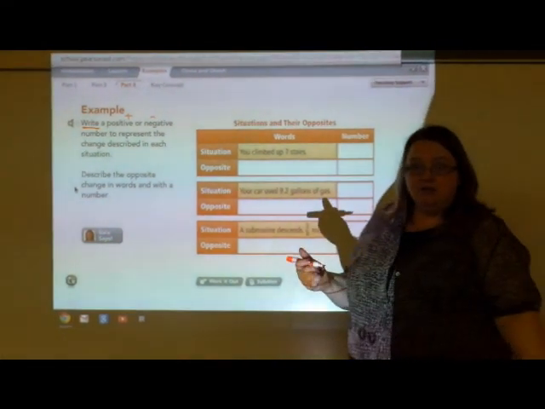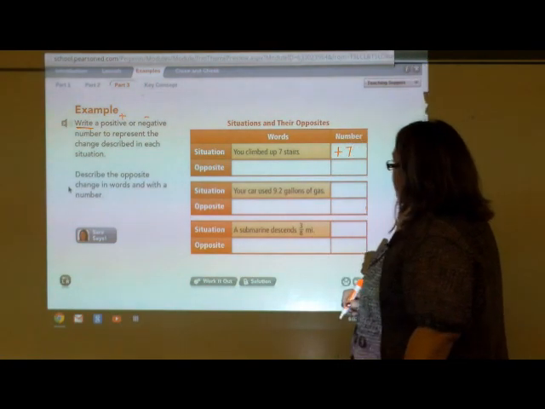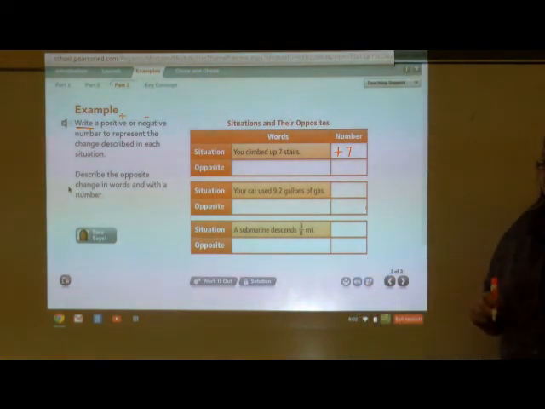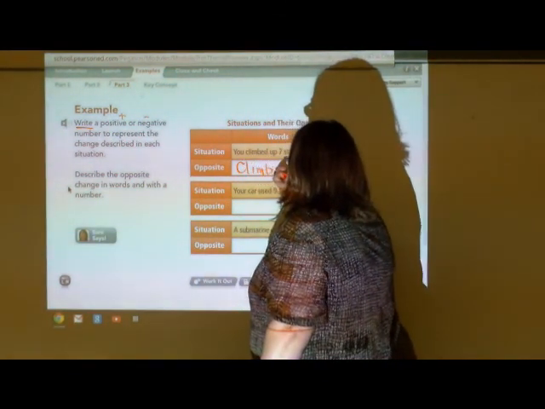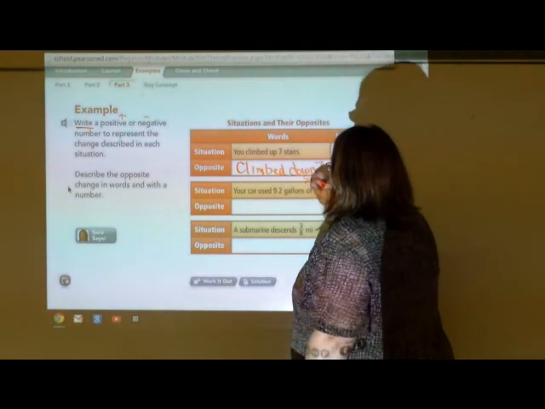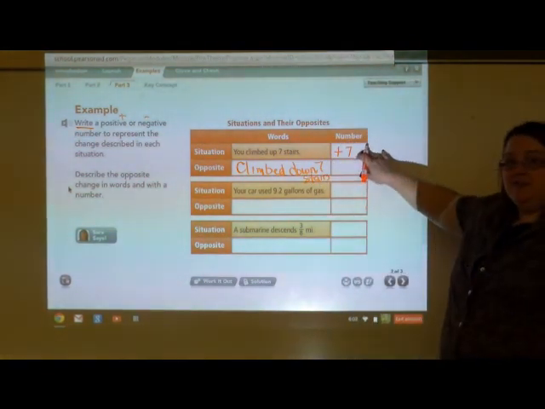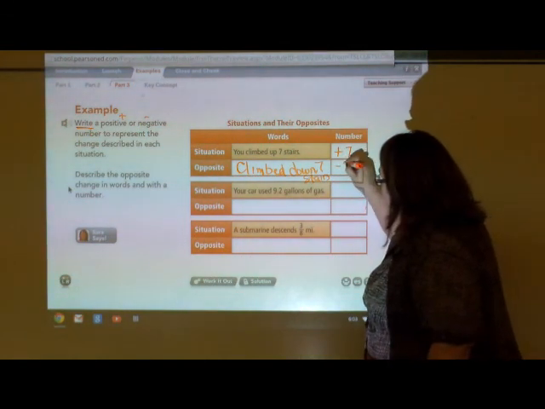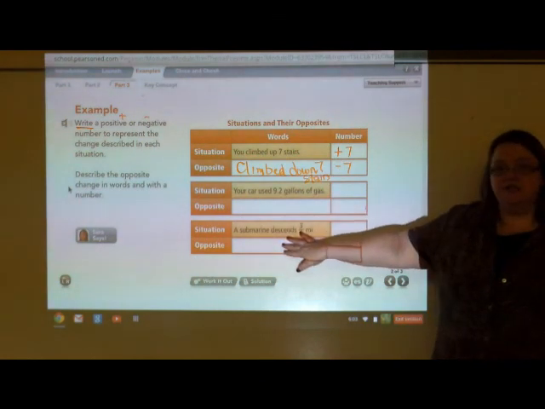Well, up is increasing, right? So you're going up 7 stairs. The opposite would be, I climbed down 7 stairs. The opposite of a positive 7 is a negative 7. So I would like you to take a moment and do these next 2.